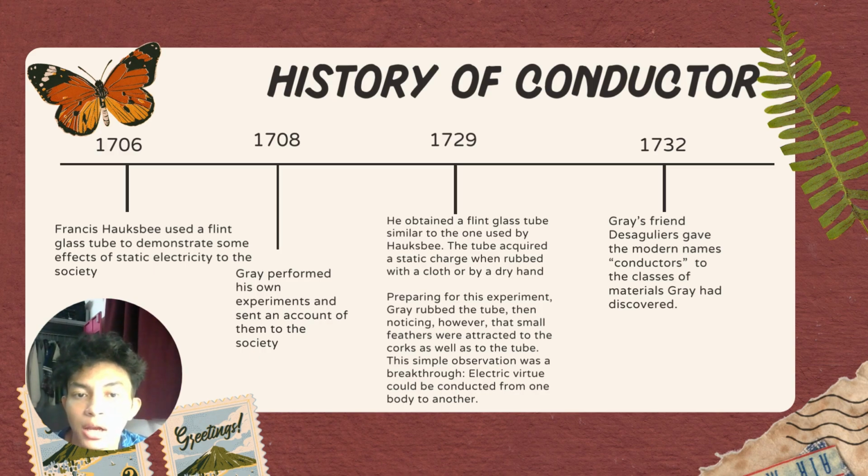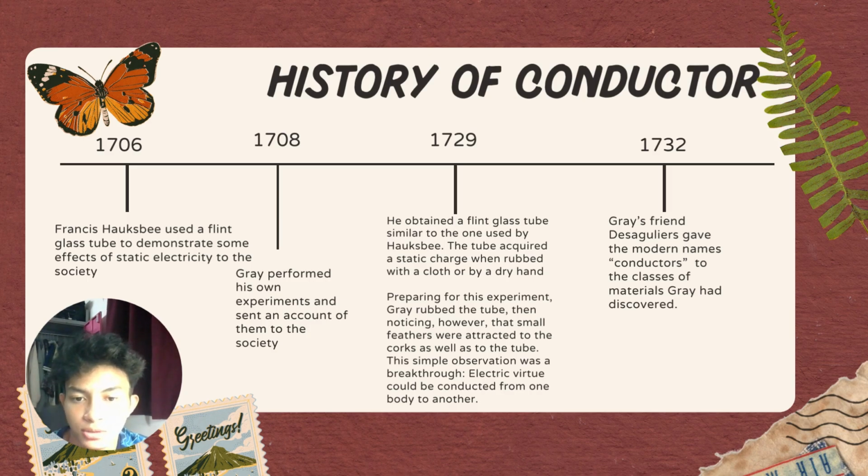And after a long period of experiments, in 1729, he obtained a flint glass tube similar to the one used by Hauksbee. The tube acquired a static charge when rubbed with a cloth or by a dry hand. Preparing for this experiment, Gray rubbed the tube, then noticed that small feathers were attracted to the cords as well as to the tube.